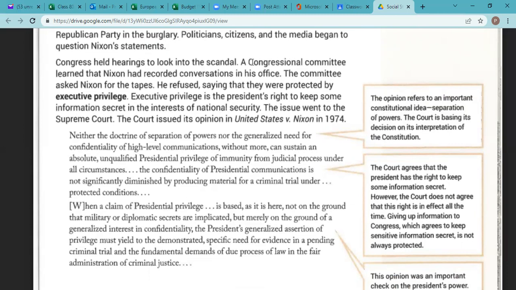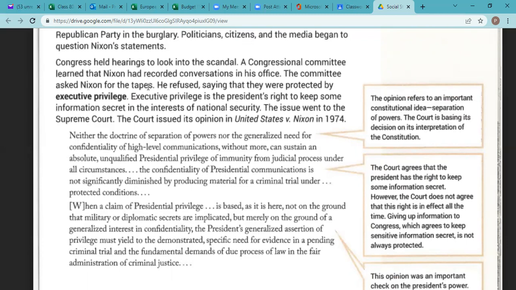So Congress is the one that is questioning this, okay? So the committee asked Nixon for the tapes and he refused. Now, this has happened quite recently where we had Clinton and then Trump also do the same thing. Okay. So this is not something that's centered on Nixon only.